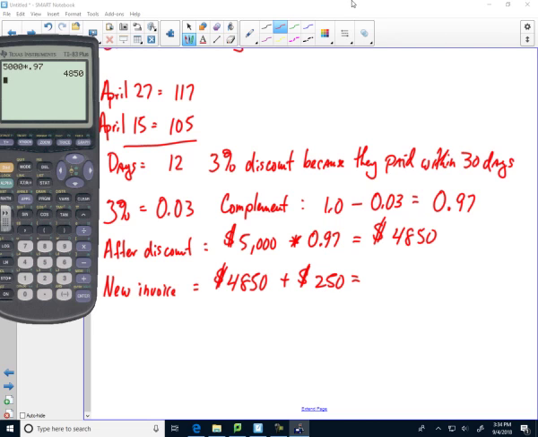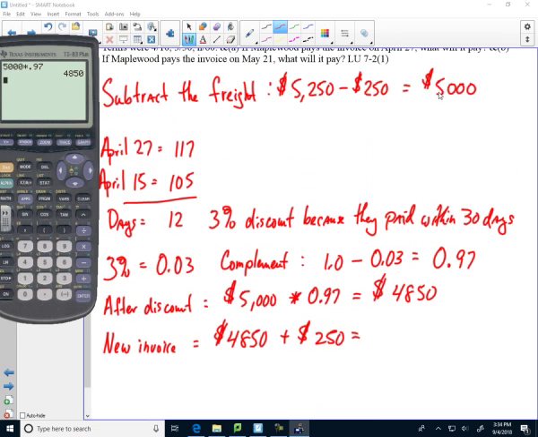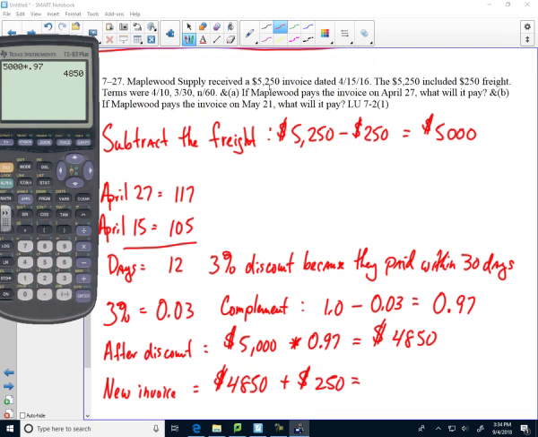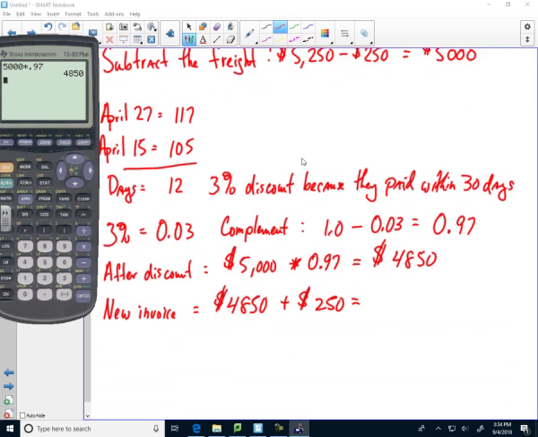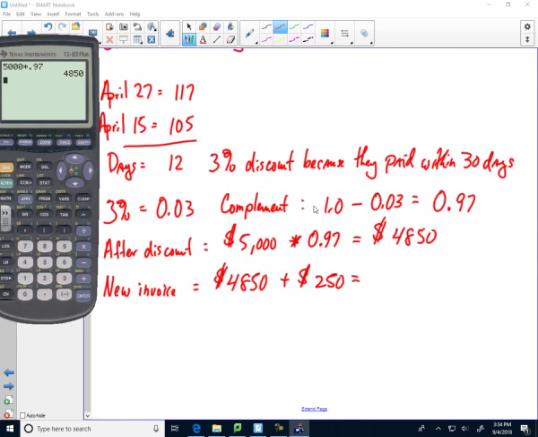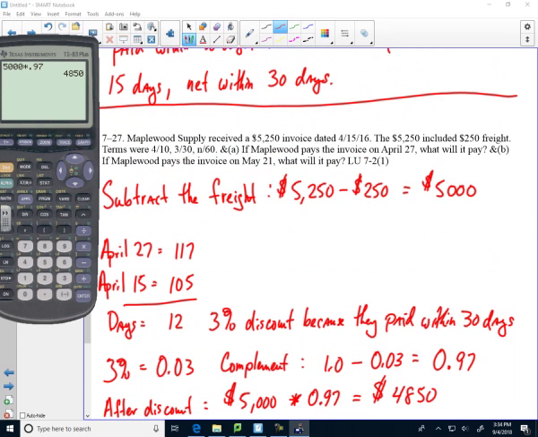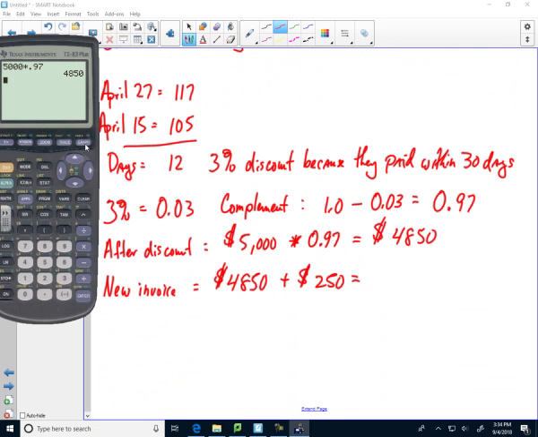I missed the part where you took away the freight up here. Why? Because you don't get discounts on freight. Okay, all right. Yeah, that's just what we do. Take the freight away and then just remember to add it back in.